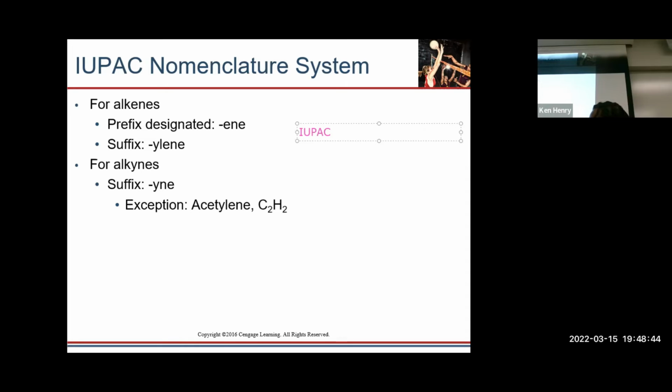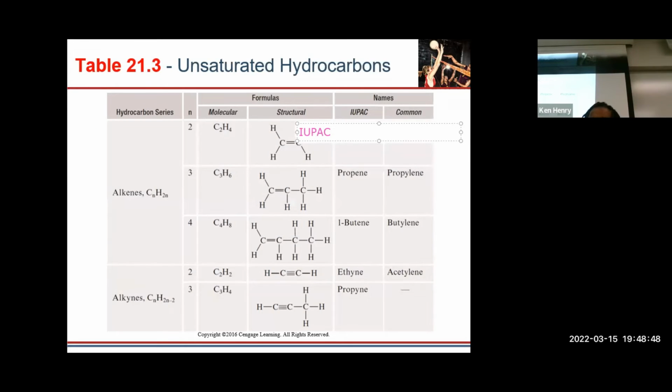Okay. You guys remember? My organic chemistry class actually has to learn both the common name and the IUPAC name. You guys, again, are focusing primarily on the IUPAC name. If you know the common name, that's great, but you definitely want to know the IUPAC name. So here, this is basically showing you.